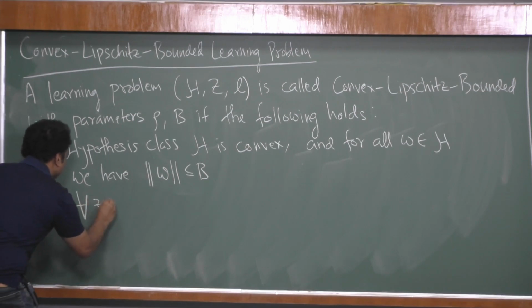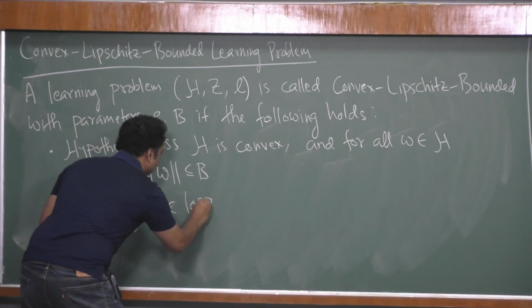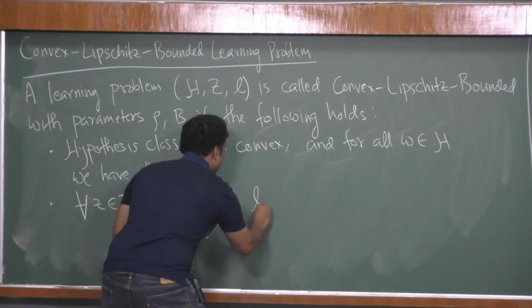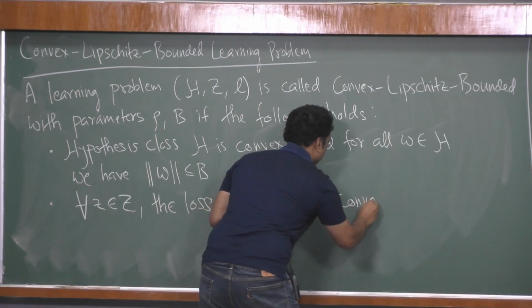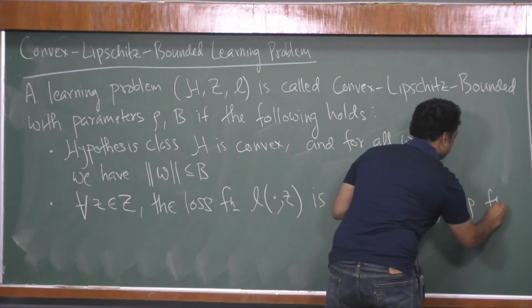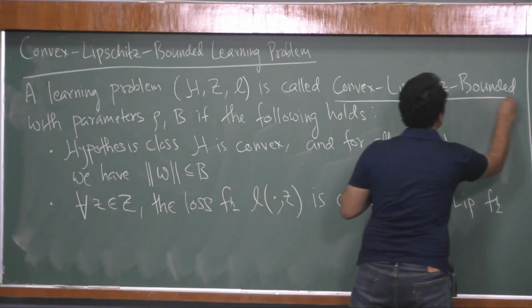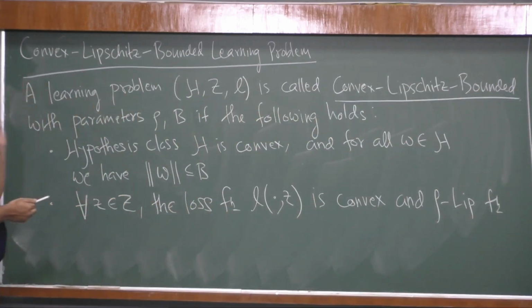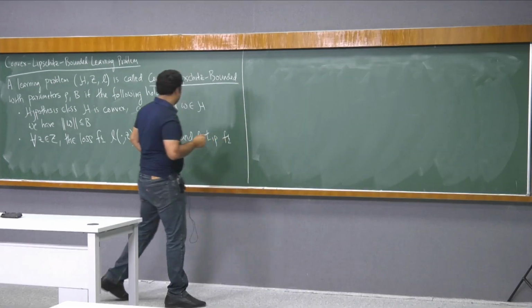So for all z from the sample set Z, the loss function l is convex and rho-Lipschitz. Okay, so these are the requirements we have for convex Lipschitz bounded problems with parameters rho and B. And with this setup, as I said, the learnability will be ensured.